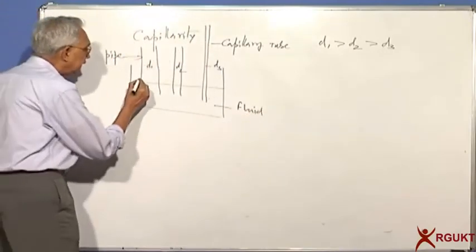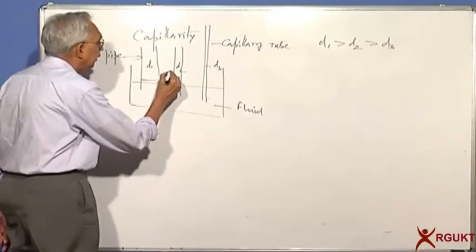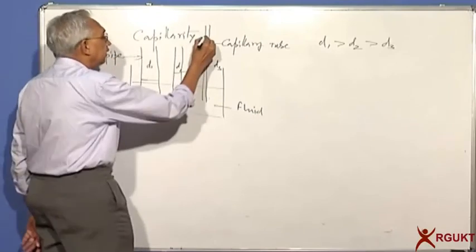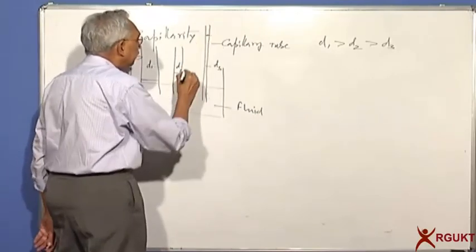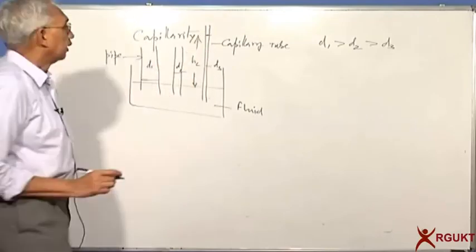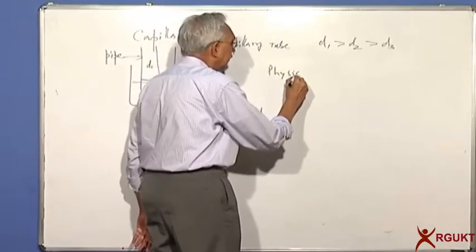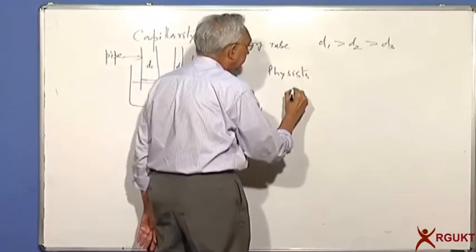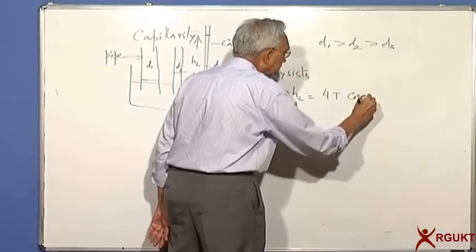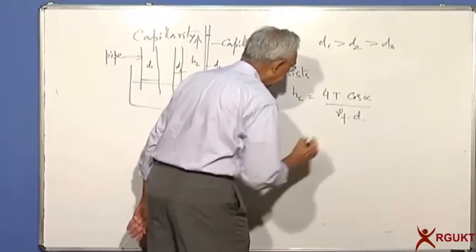You will see that in the larger tube, the water will rise only a small amount, whereas in the intermediate diameter tube, it will rise higher. And if you look at the capillary tube, the height of capillary rise is very high. What the physicists tell us is that this capillary rise is equal to 4T cos alpha by gamma of fluid into diameter.